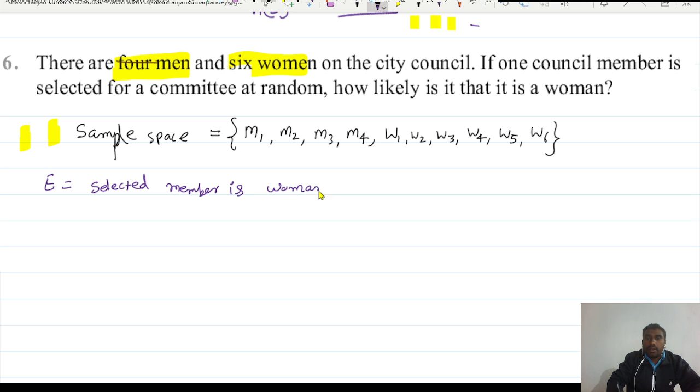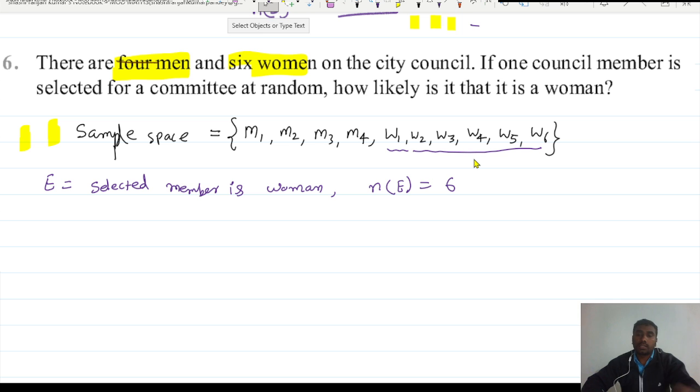Okay, so what is in favor of this? You can see any of W1 to W6. If any is selected, that is the case of a woman, which means there are total 6 cases. So this is our favorable case.